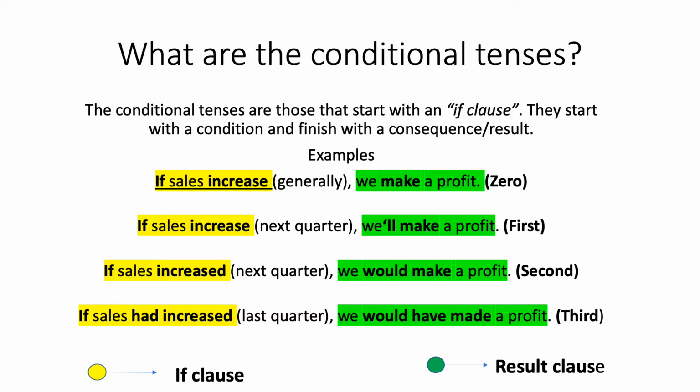If sales increase, we will make a profit. Here you see that we have next quarter. Of course, you know that a quarter is what we call in Arabic a thulathi. In a fiscal year, in Arabic السنة المالية يعني تحتوي على 4 ثلاثيات.